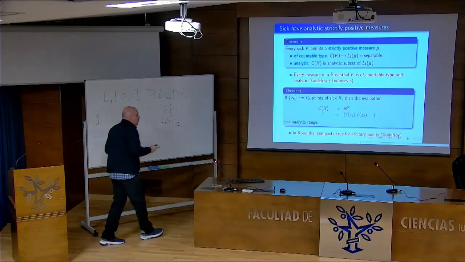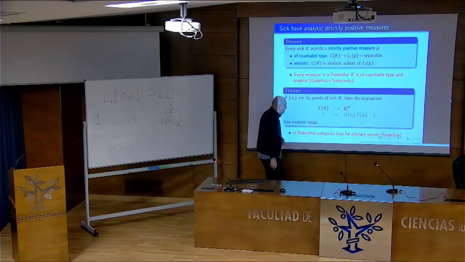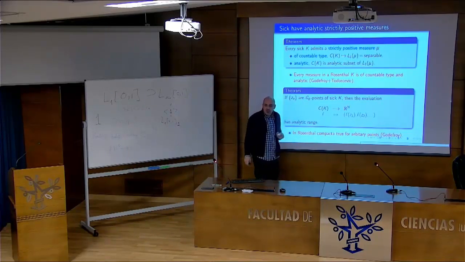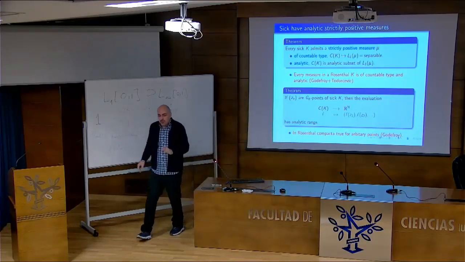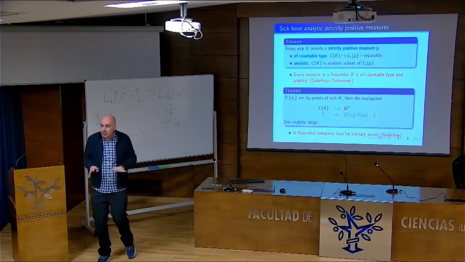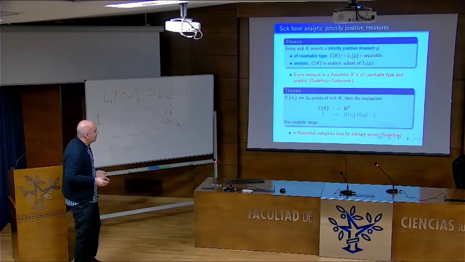And the theorem of Gilles that is similar for Rosenthal compacta is that, well, in Rosenthal compacta, you don't need to restrict to G delta points. This is true all the time. And in the case of separable Rosenthal compacta, which is actually what we should perhaps restrict to, it's a characterization.